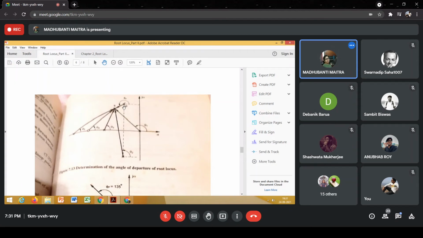From this figure, you see these are the angles. This is theta 1, this is theta 2, this is theta 3, this is theta 4, this is theta 5. And the angle contributed by this complex open loop pole at this particular point has been denoted by phi p.